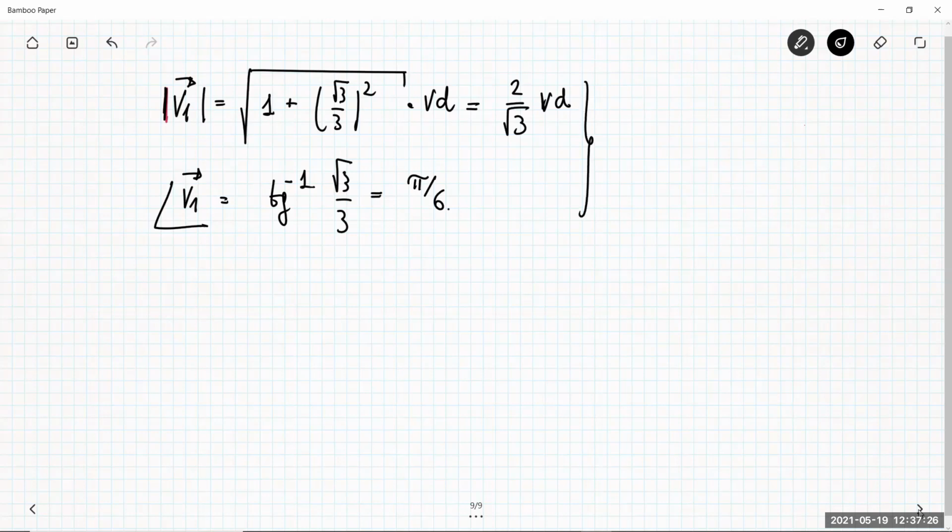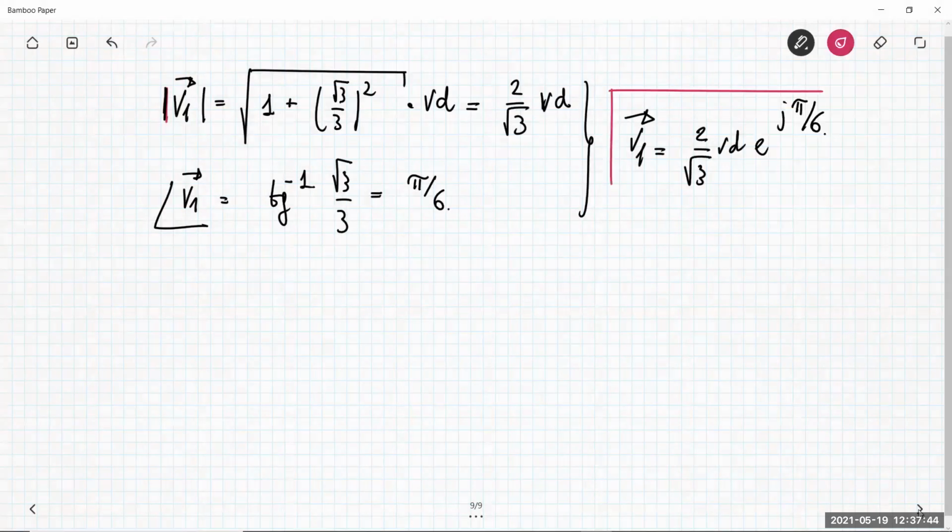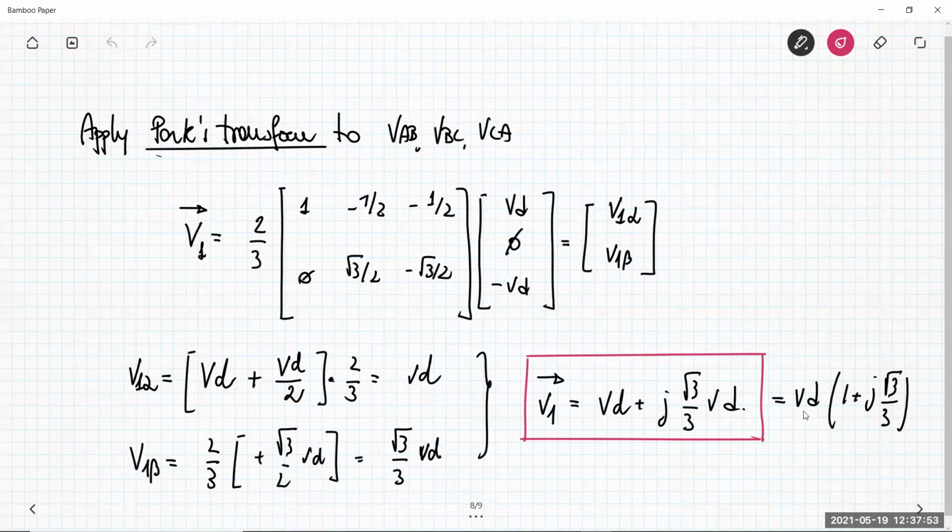So another representation for the space vector V1 is 2 divided by square root of 3 VD, exponential of j pi over 6. So you can express it in both forms if you want, exponential representation or real and imaginary representation. Your choice.